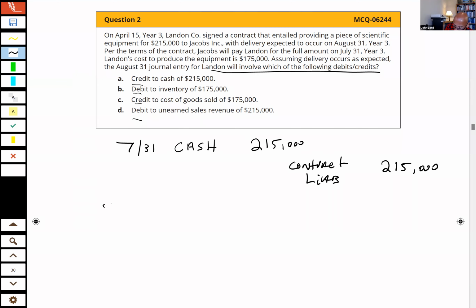And then, which is what the question asked, on August 31st, what's going to happen? Well, they're going to deliver the product, and they did deliver it as expected. So on 8/31, now they can take that revenue, can't they? So they'll debit contract liability, $215,000, and they'll credit what? Revenue, $215,000.